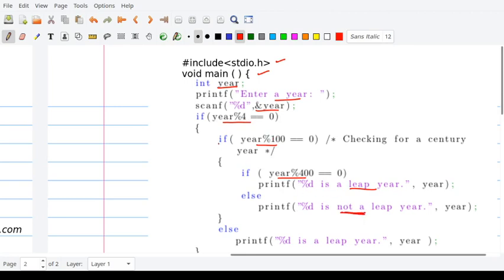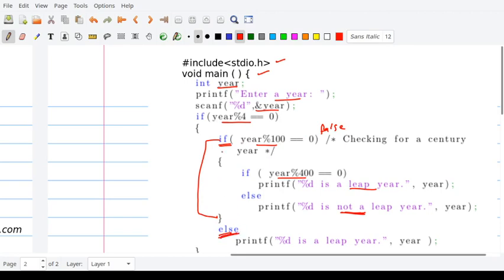Now if the year is divisible by 4 and not divisible by 100, this else condition is the else of this if. If your year is divisible by 4 and inside that you are checking if the year is divisible by 100, and this condition is false, that means the year is not divisible by 100, then you will go to that else.